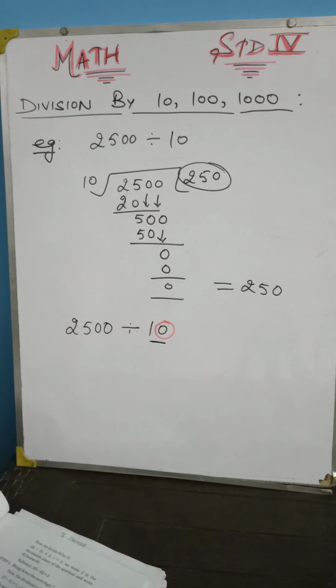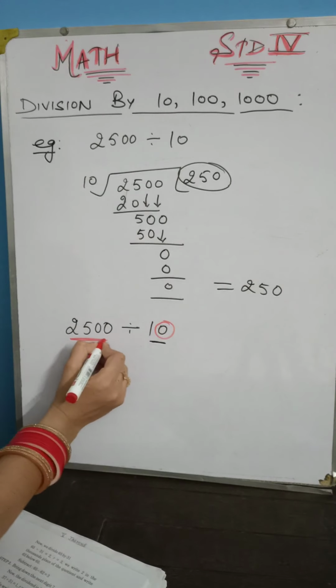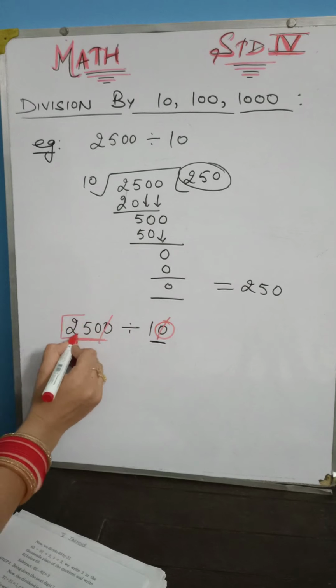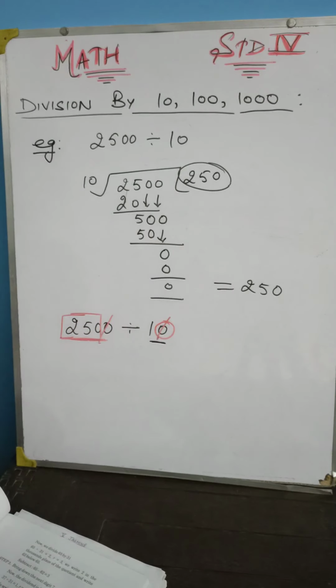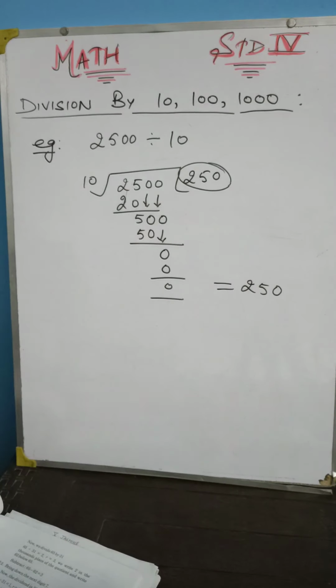So count the number of zeros and cut the zero from the given number. This is the given number. So cut this zero and this zero. What is left? 250.